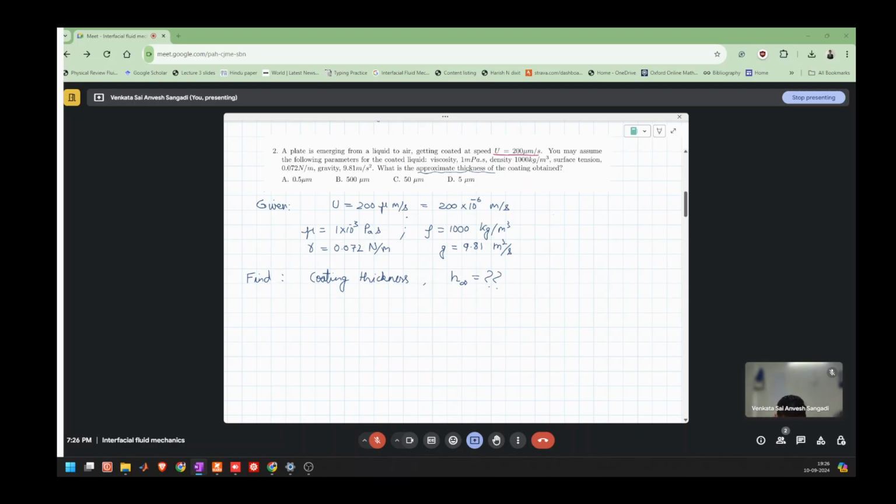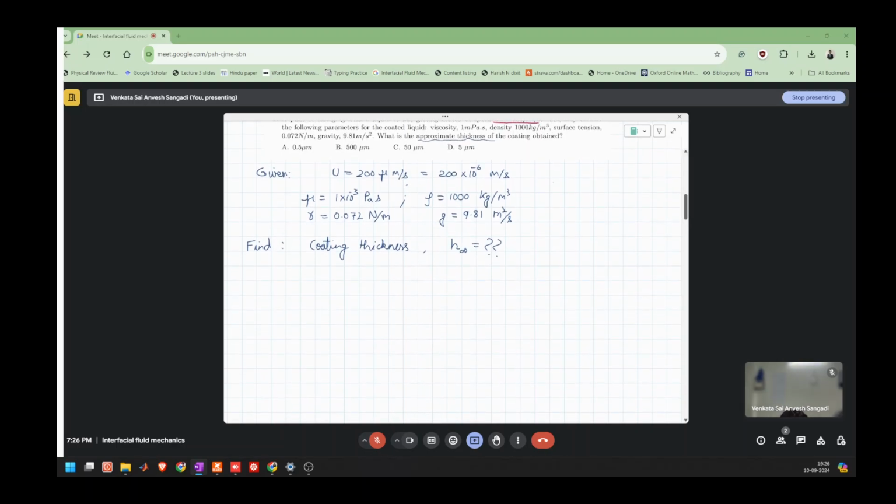So first we need to calculate the capillary length.